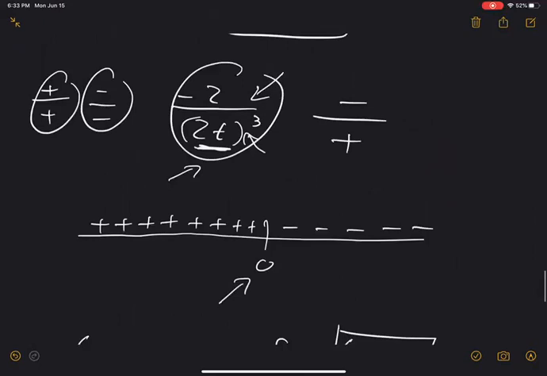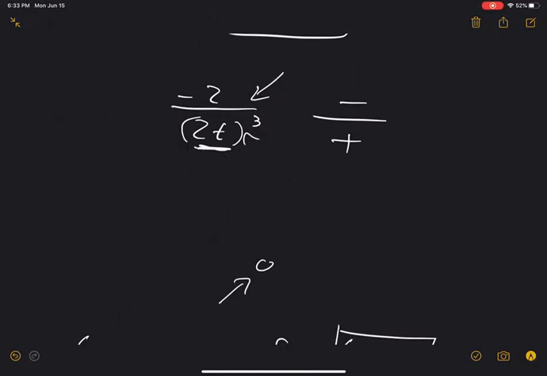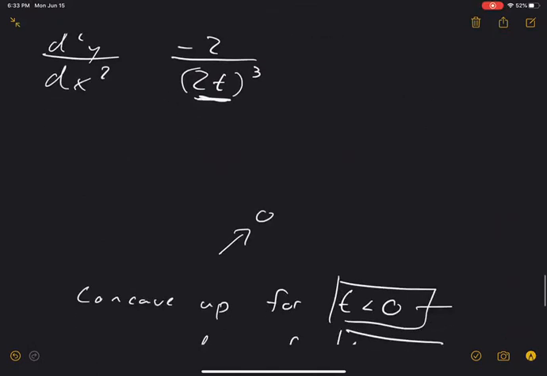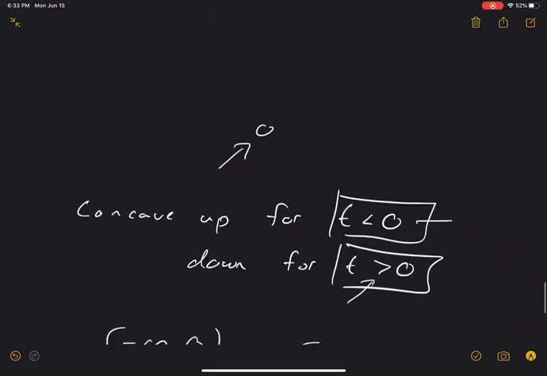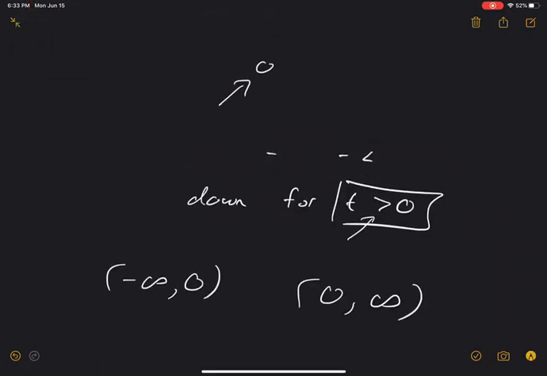If you're not comfortable with that thought process, there's a very methodical way to do this that I can show you now. Everything's the same up through this part. We find the second derivative no matter which method you use. Let me erase all this stuff.